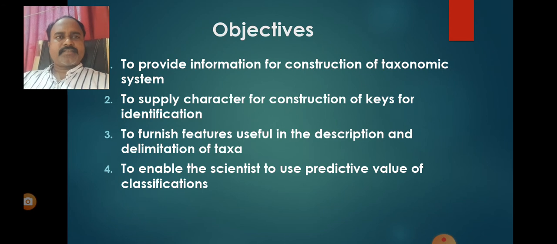A species means a group of characters. It depends on the group of characters which a taxonomist separates for the purpose of identification. Again, I want to give a definition of a character.